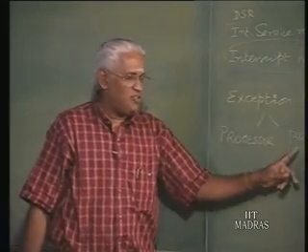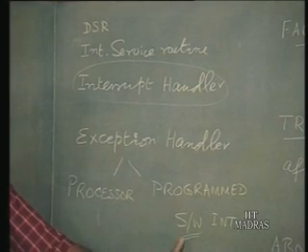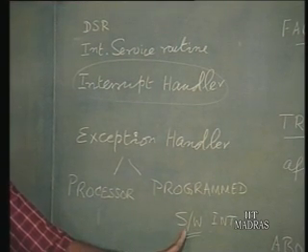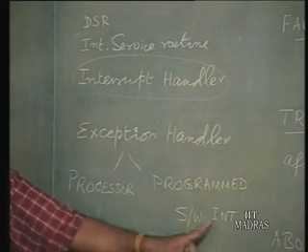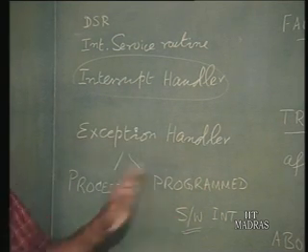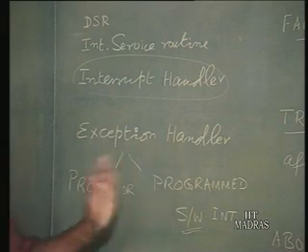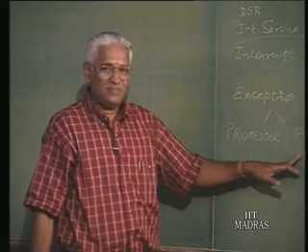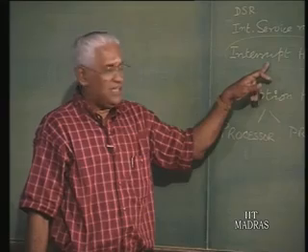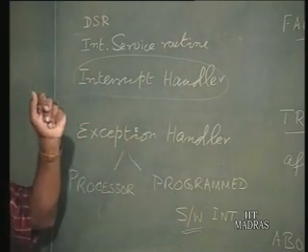In addition to this, as part of the program, by including appropriate instructions in the software, we can also cause something similar to an interrupt. But all these, that is processor or programmed, are internal to the processor, unlike in the case in which an external device is involved.